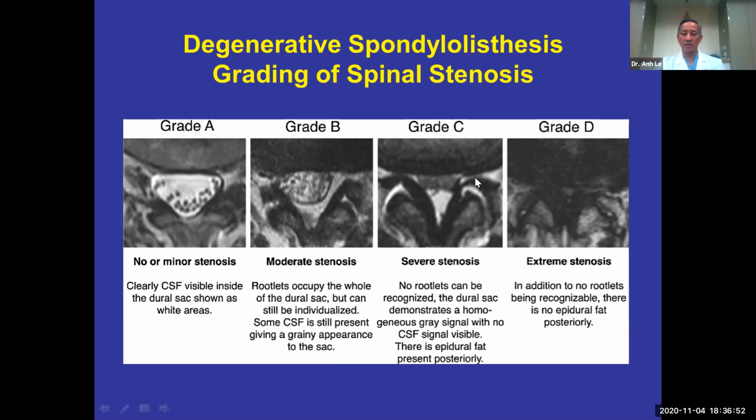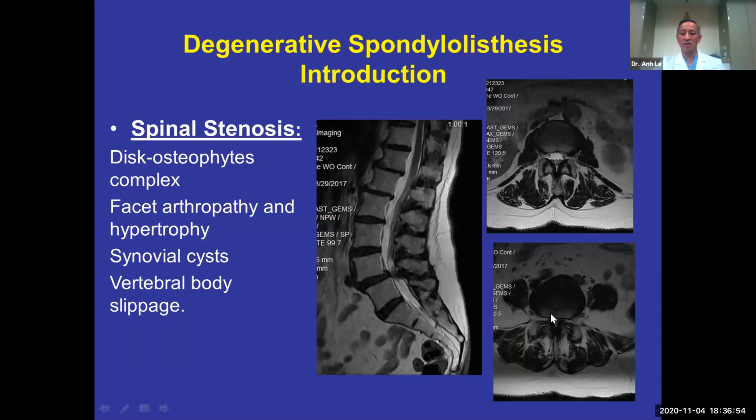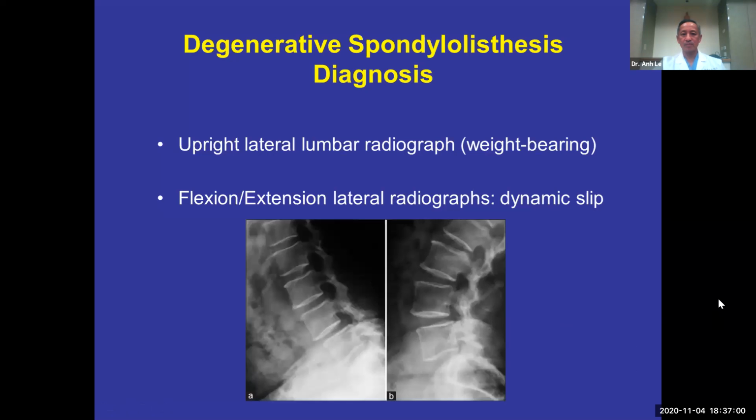So in the previous x-rays and MRI that I showed you, this patient has extreme spinal stenosis. For patients with spondylolisthesis, we typically would obtain dynamic x-rays. So we take x-rays in the lateral plane when the patient is standing, and then we perform flexion extension radiographs.